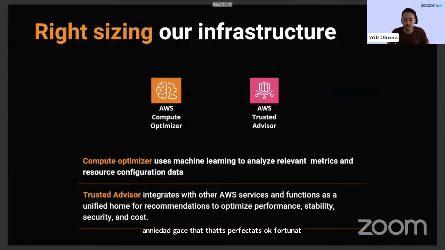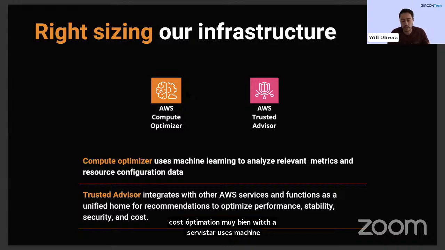So what are the services that can help us with this particular strategy of right sizing? There are two main options on AWS. One of them is AWS Compute Optimizer, which is essentially a service that uses machine learning to analyze the metrics and resources and make recommendations on size and types, things that we can learn from and apply to our resources.